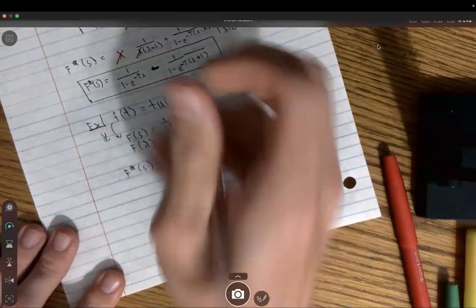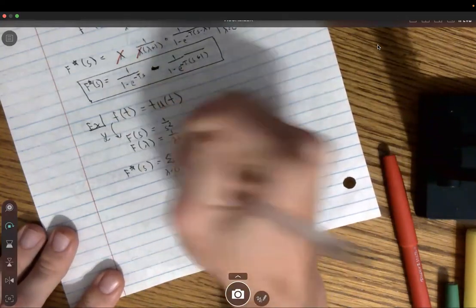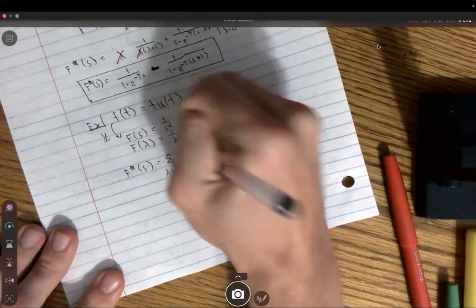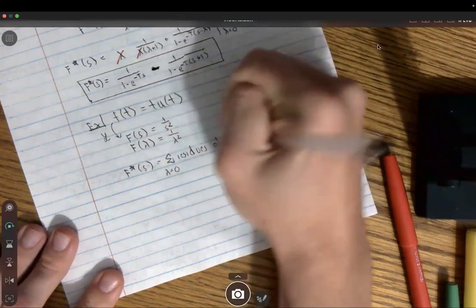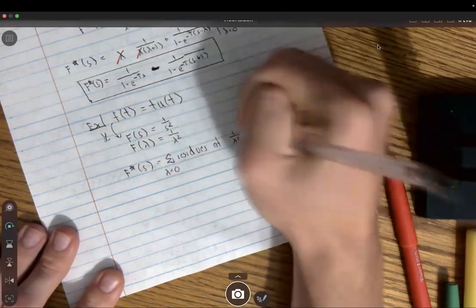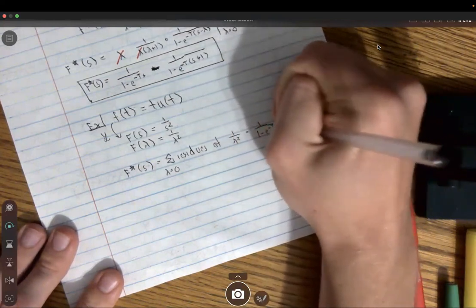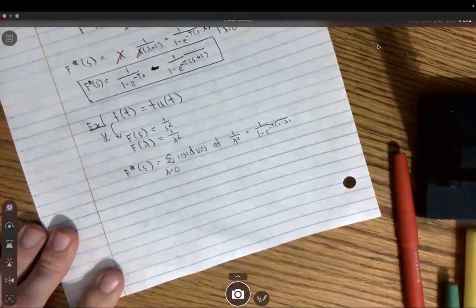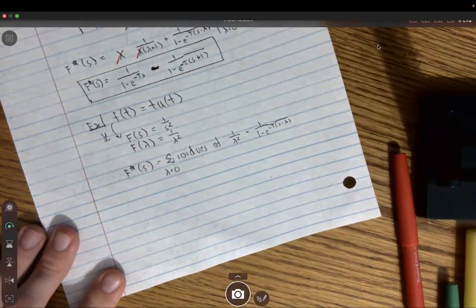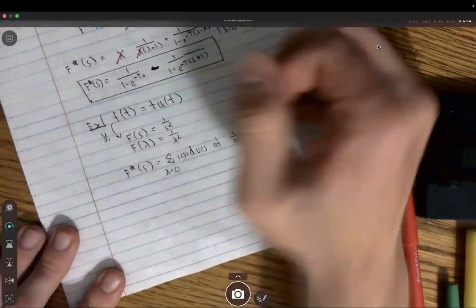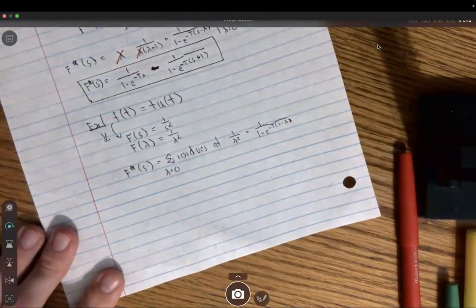Where are the poles? They're at 0, right? When lambda is equal to 0. And the residues of, and then what's our f lambda? It's 1 over lambda squared, and then multiplied by 1 over 1 minus e to negative t, and then s minus lambda.